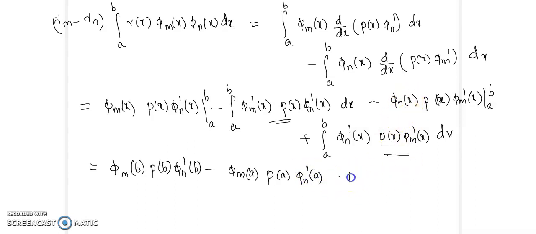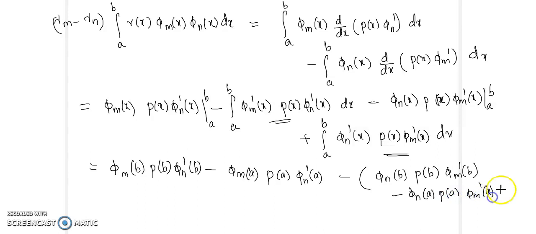And here when we apply limits, minus of phi n of b, p of b, phi m dash of b minus phi n of a, p of a, phi m dash of a will come.